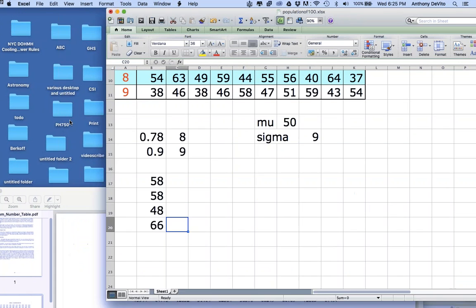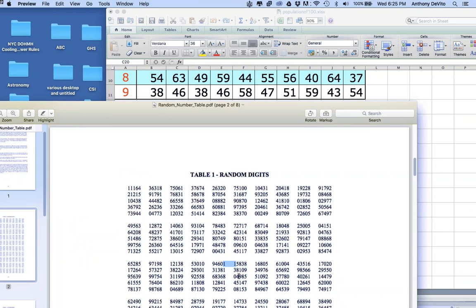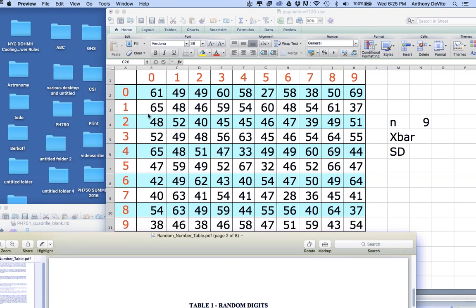Next one is going to be 38. Row 3, column 8, 64.